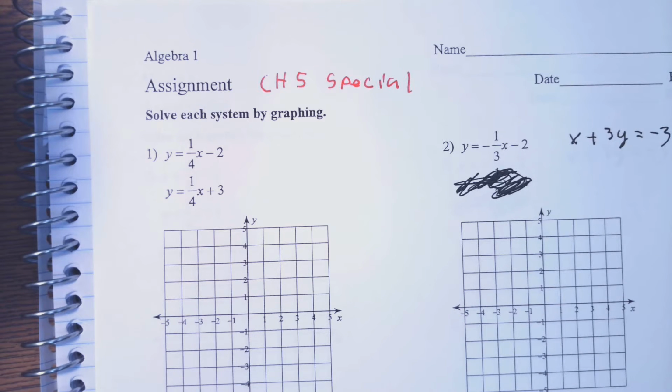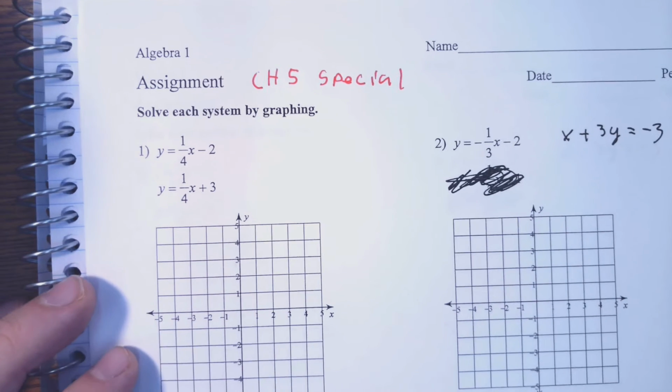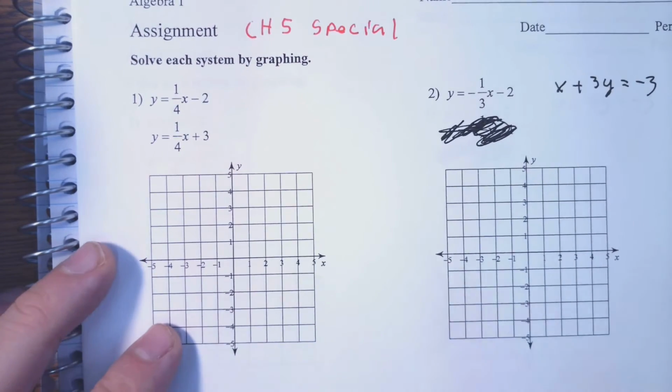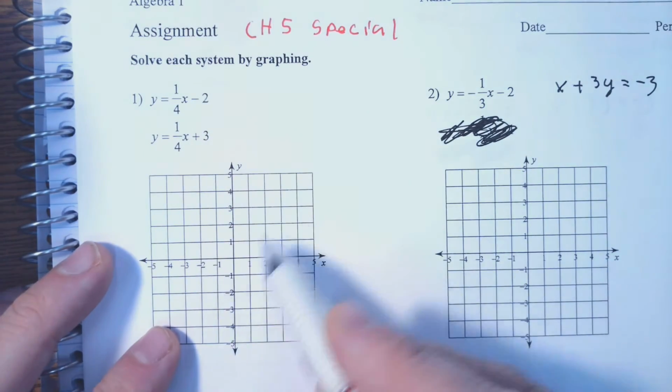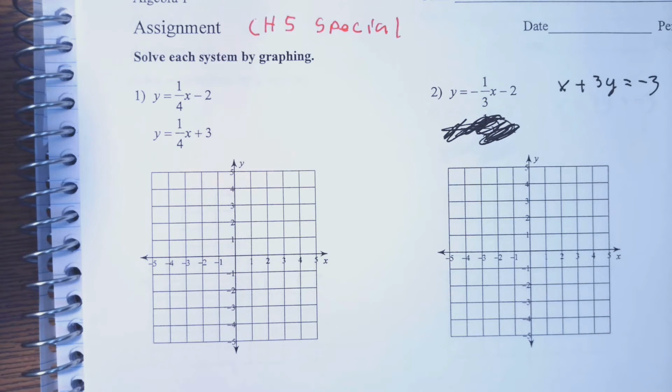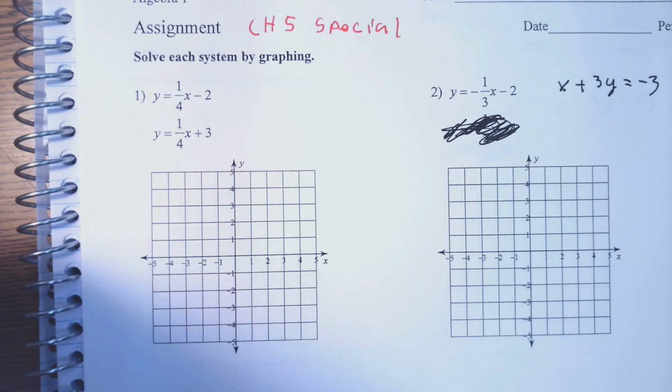We are going to do some work in your notebook, but for graphs, I want us to graph on graph paper, just because it's easier to graph on graph paper. So go ahead and graph this problem right here. And then maybe you'll figure out why I call it special.